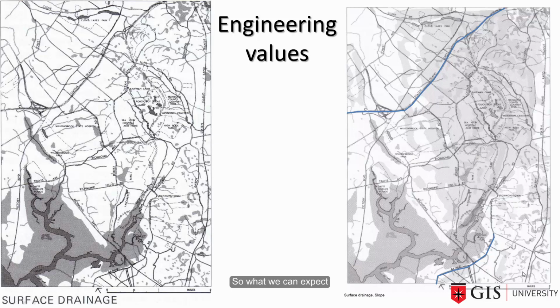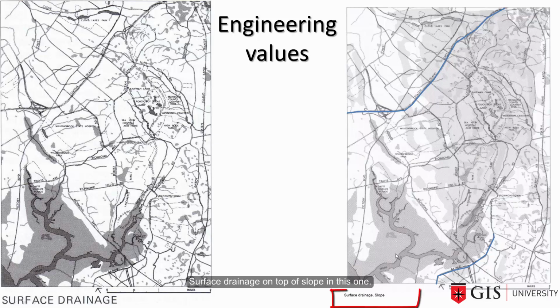So what we can expect is that the darkest areas in the composite map will represent those areas that are least suitable for building the road in engineering terms, and the transparent areas will represent those areas that are most suitable for constructing the road in engineering terms.